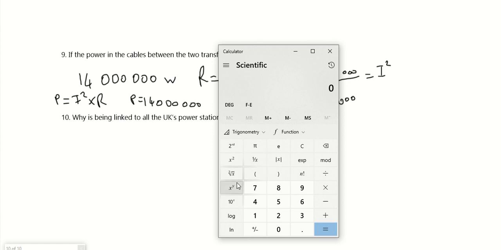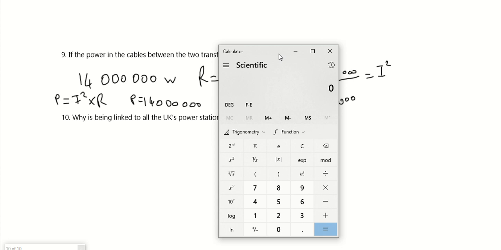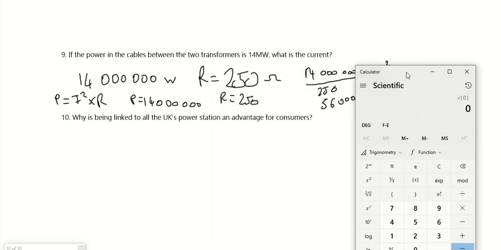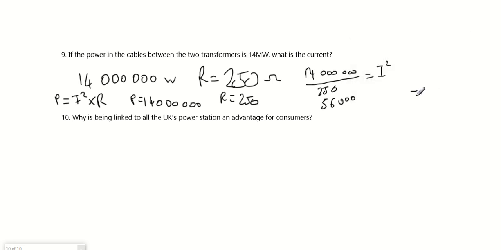Right, let's have a square root. The square root of 56,000 is about 236 amps.